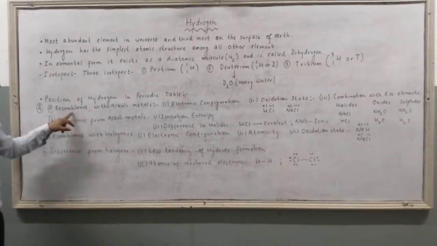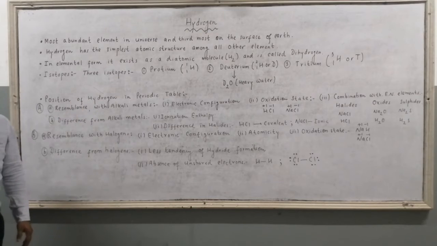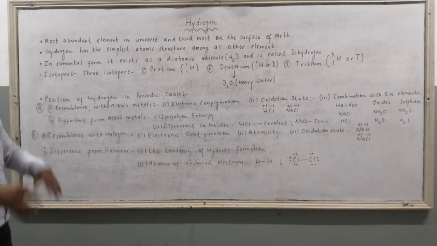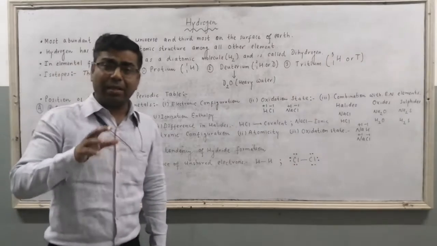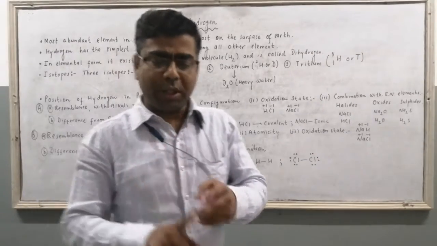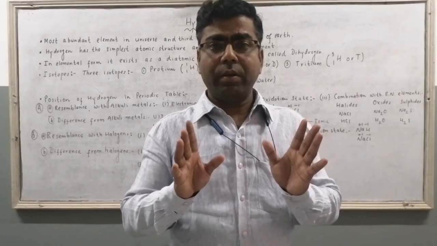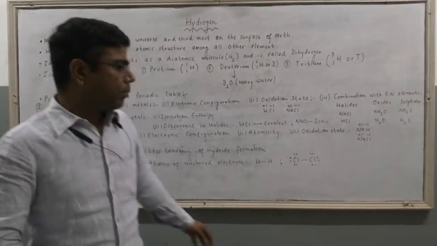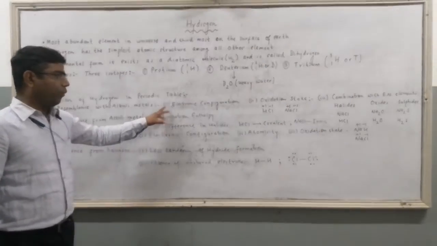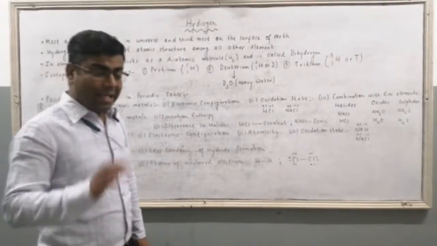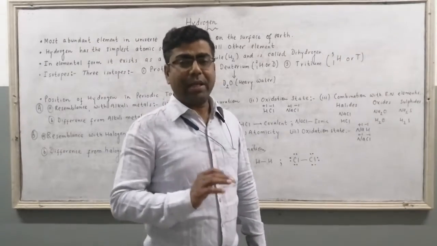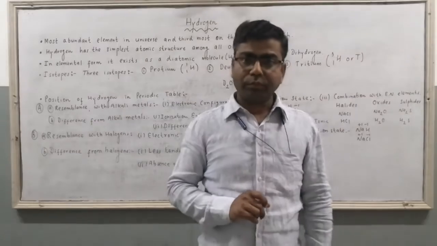So let us talk about the similar properties. First one, resemblance with alkali metals. What are the points where hydrogen resembles alkali metals? Sodium, potassium, rubidium, cesium, francium. So point number 1 is electronic configuration. In hydrogen, the valence shell contains 1 electron.